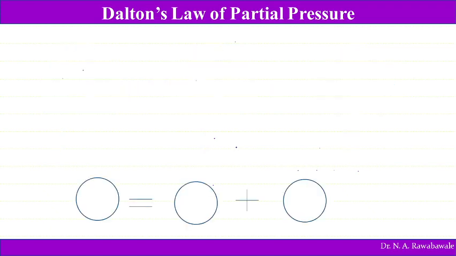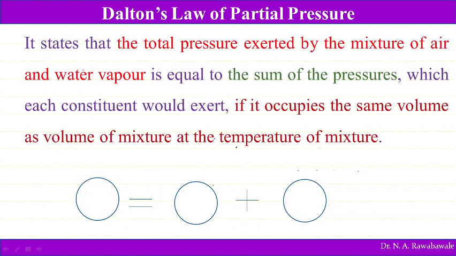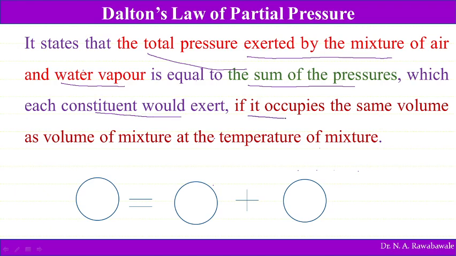How this is applicable to moist air, that we want to see. Dalton's law of partial pressure states that the total pressure exerted by a mixture of air and water vapor, since moist air is nothing but dry air and water vapor, is equal to the sum of the pressures which the constituents would exert if each occupied the same volume as the mixture at the temperature of the mixture. Say we have dry air and water vapor.